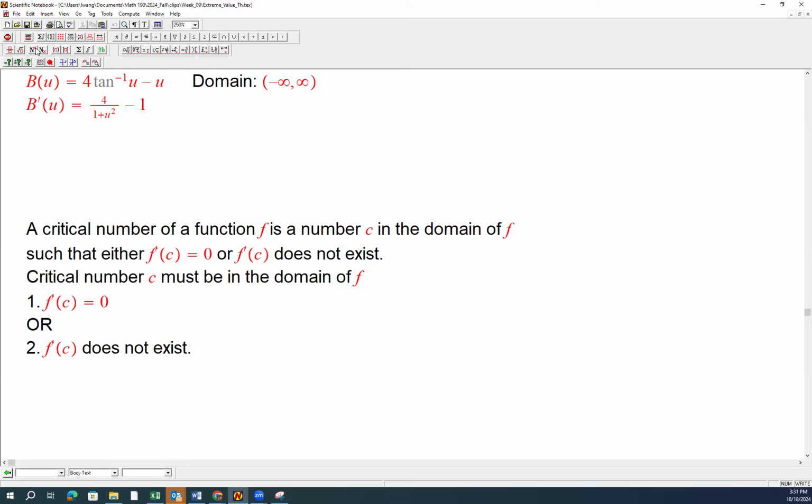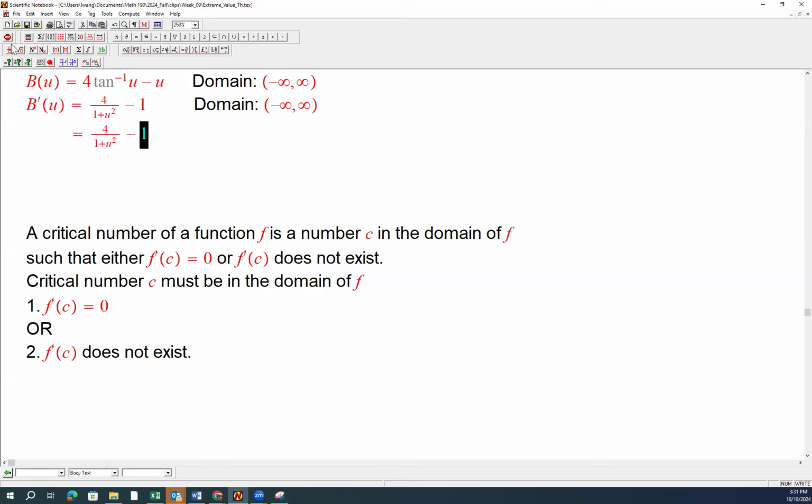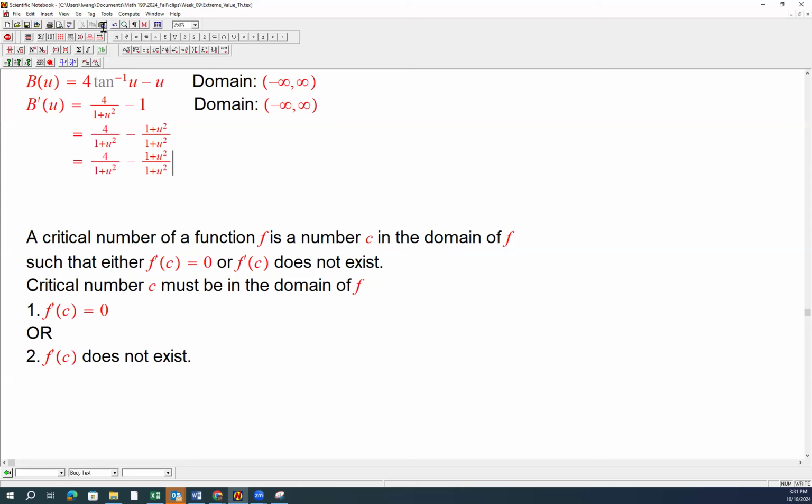You can see the domain of the derivative here already. What is the domain? Same, because 1 plus u squared will never be 0. So the rest is we have to make it into a factor form. 1 is equal to 1 over 1 plus u squared. So this question looks a little bit intimidating, but it's not at all.